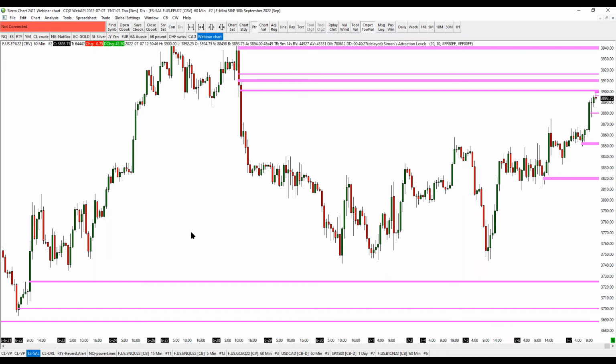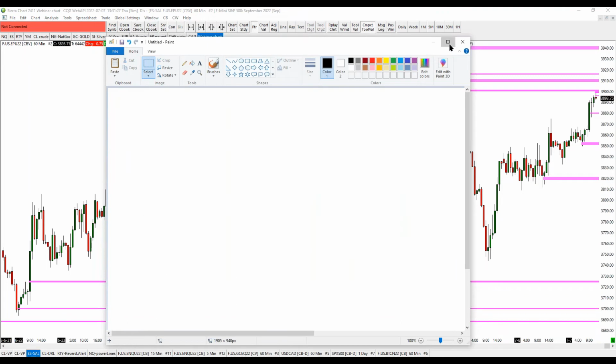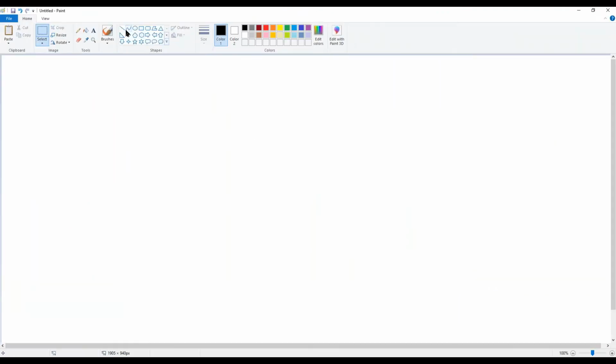SAL attraction levels work as follows. I'll explain first here. Market makers, trading bots, institutions are the main market movers, correct? We call them market movers. They trade big.